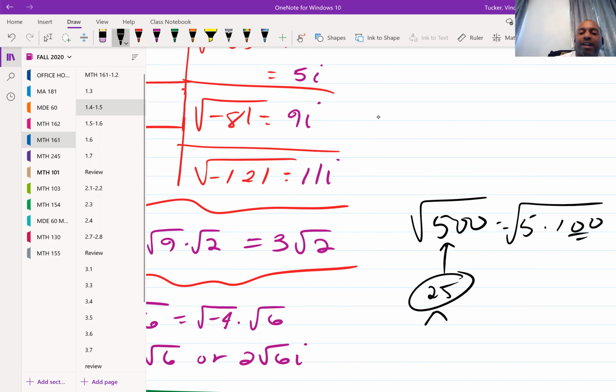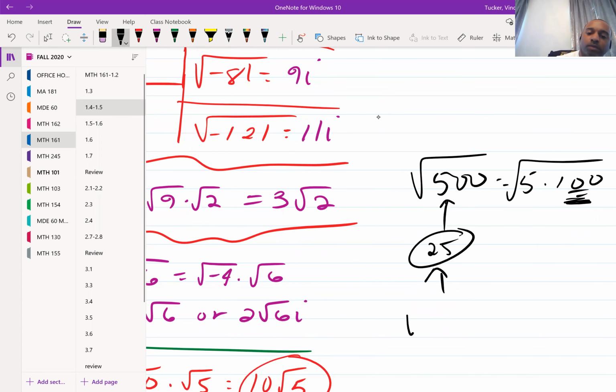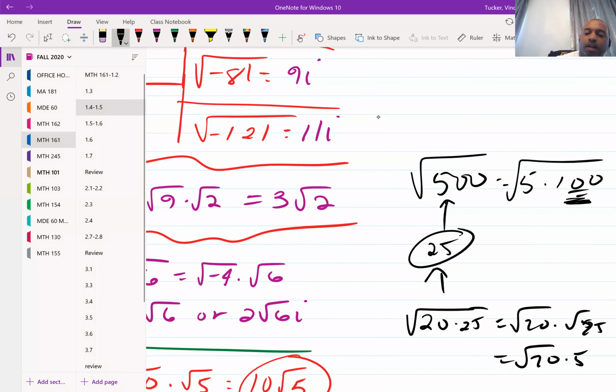Either way, 25 is still not the greatest number that I can take the square root of. So I will be looking at using the 100. And if I break that up into 20 times 25, I'll take the square root of 25, and I have the square root of 20 times 5, which is fine.